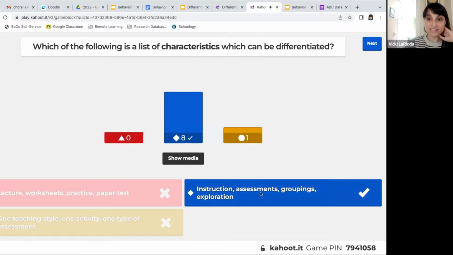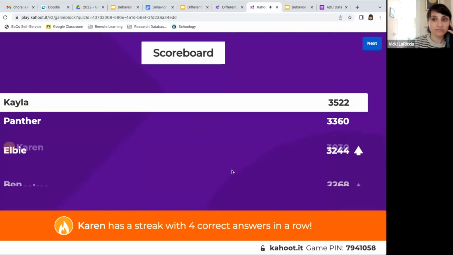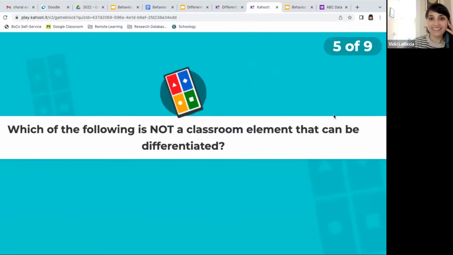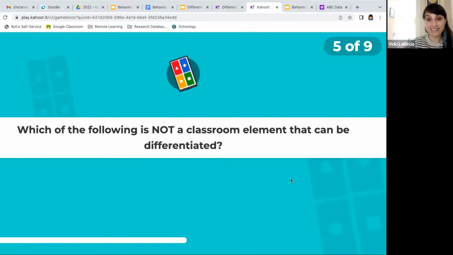So instruction, assessments, groupings, and exploration, those are the areas that we differentiate in our class. Karen has a streak with 4 correct answers in a row. Question 5, which of the following is not a classroom element that can be differentiated?